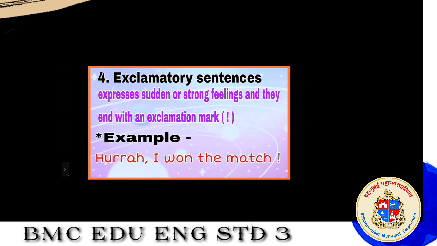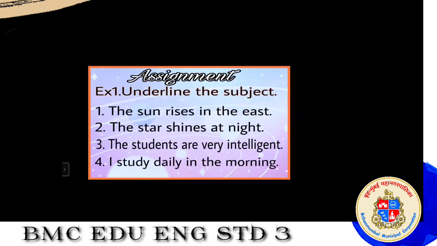Now, children, it's the time that I give you assignment. It's the time of your homework. Okay, look carefully, children. Your first assignment, exercise 1, is underline the subject. The sun rises in the east.